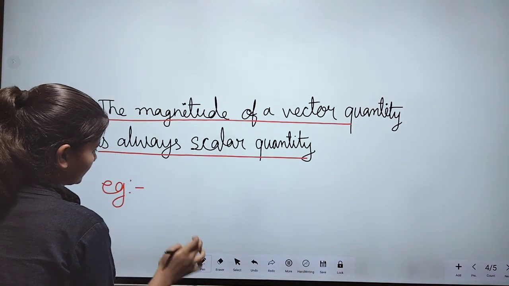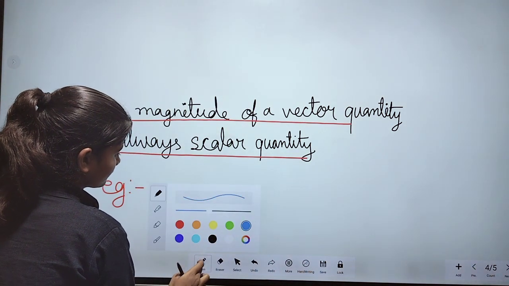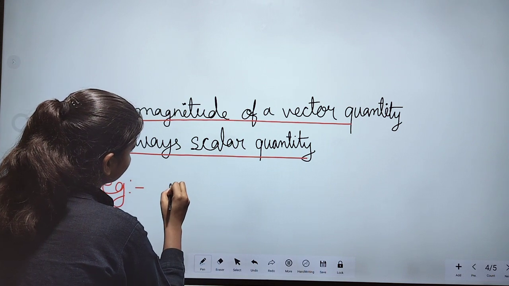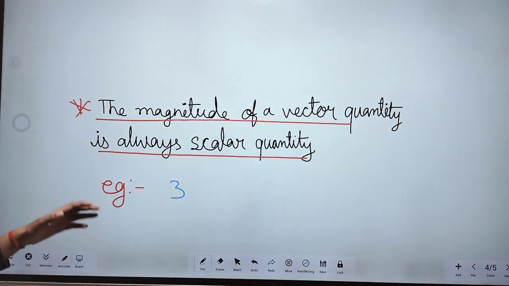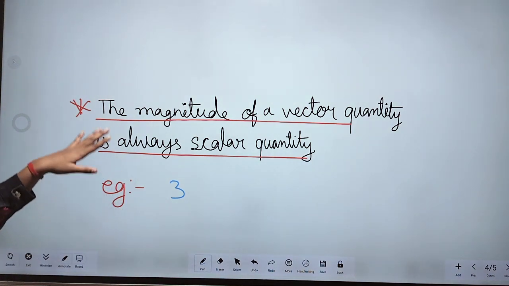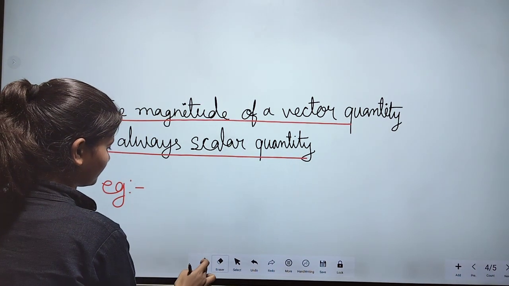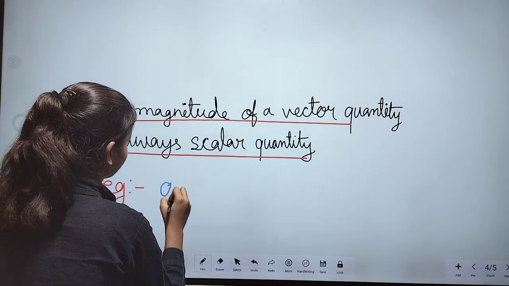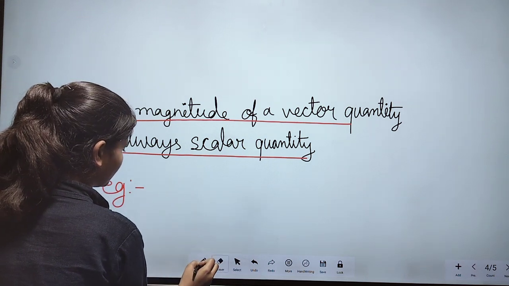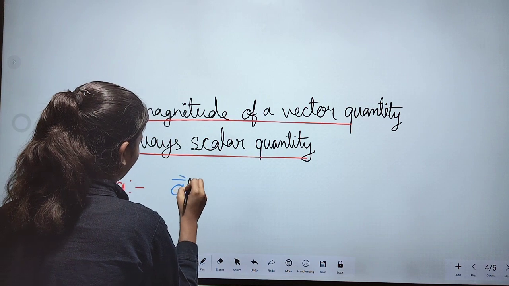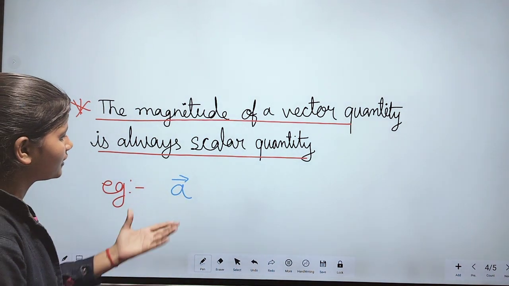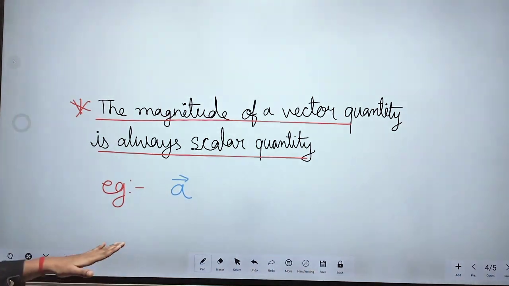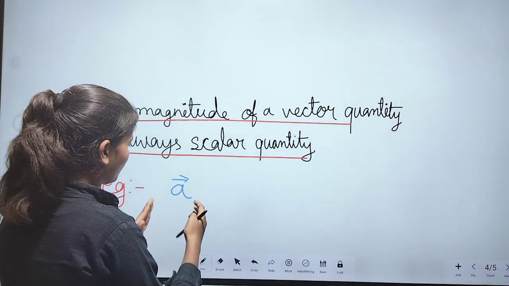Suppose that this one is a vector. A vector, B vector, C vector, D vector, whatever you want.